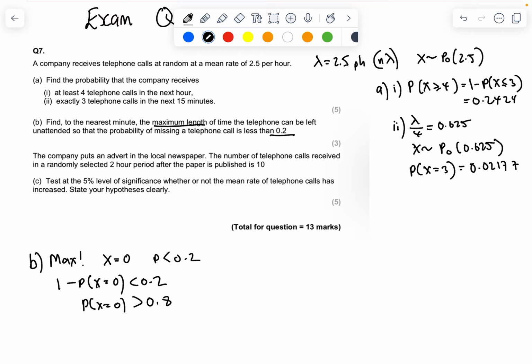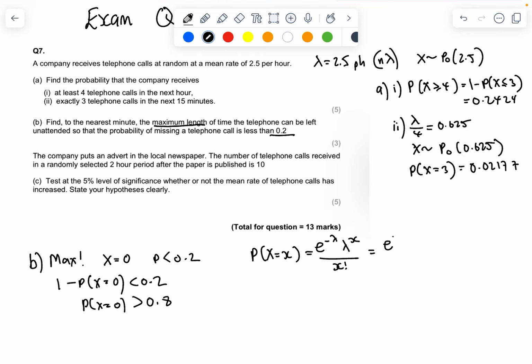Right, now we know that the probability of X being any particular value is e to the minus lambda times lambda to the x over x factorial. Okay, so now we've got our lambda. So basically we're looking at this and we say, okay, so we've got our lambda, which is 2.5.